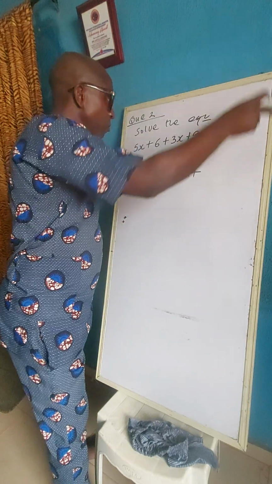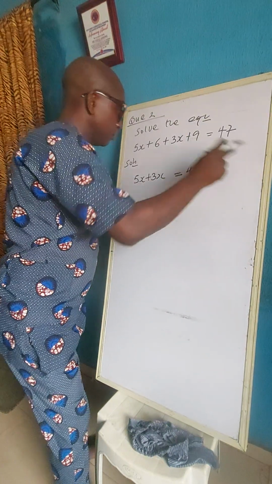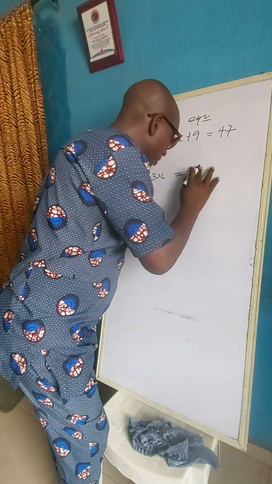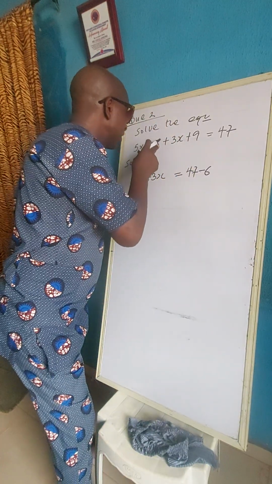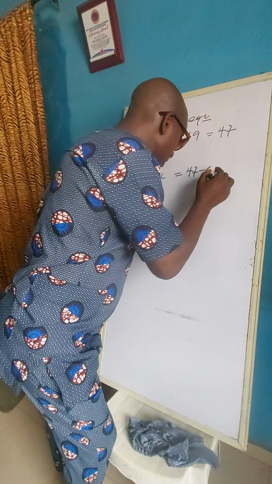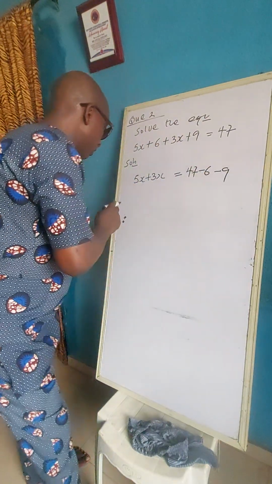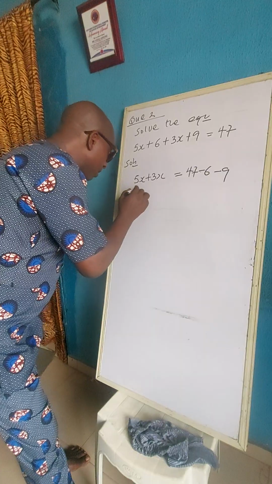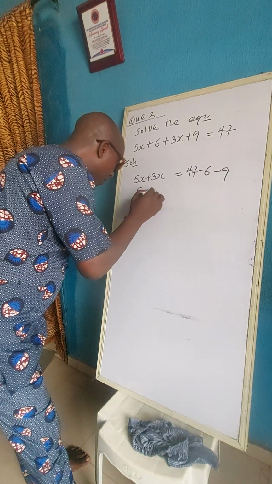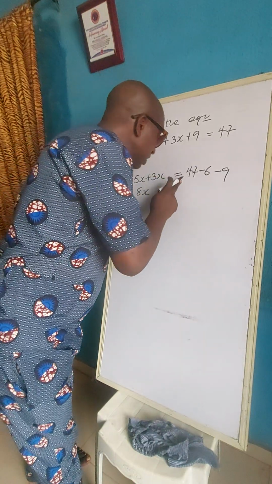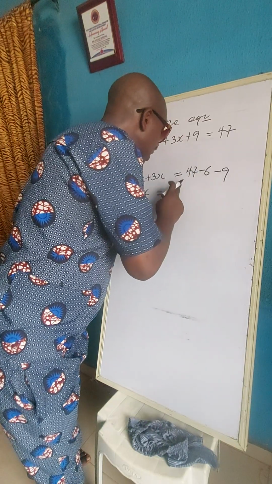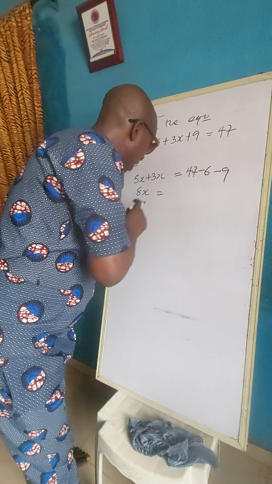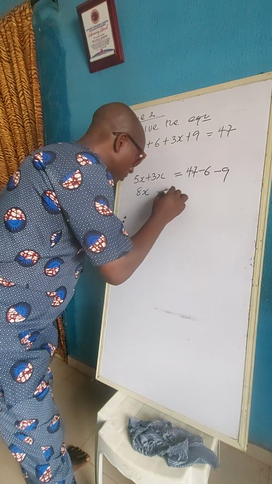Plus 6, move to the other side, it becomes minus 6. Plus 9, move to the other side, minus 9. Then 5x plus 3x equal to 8x equals 47 minus 6 minus 9. That means 47 minus 15, that will give us 32.